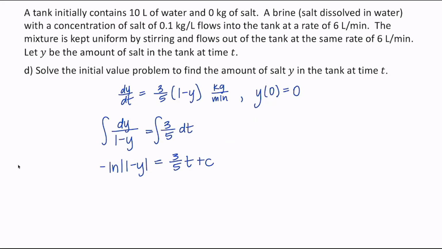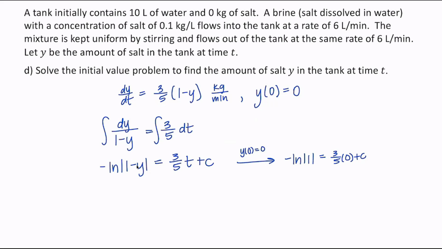Now let's take a moment to solve for c using our initial condition. If I use y of 0 equals 0, we substitute this 0 into t and this output into y, and we end up with negative natural log of 1 is equal to 3/5 times 0 plus c.